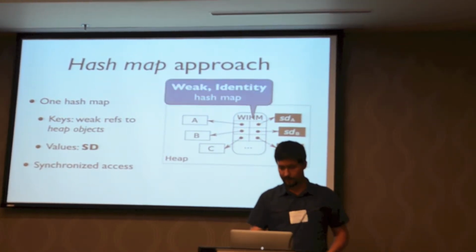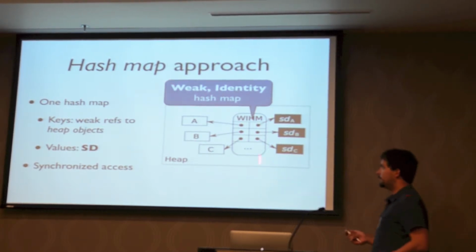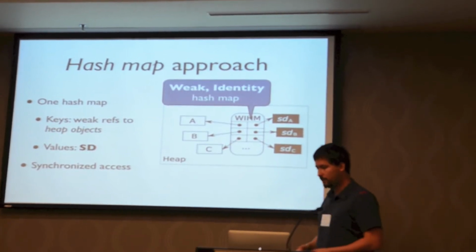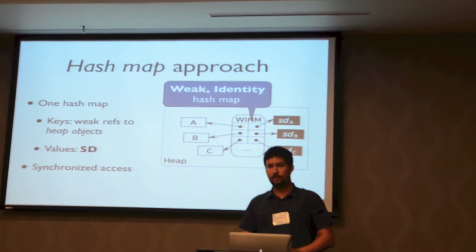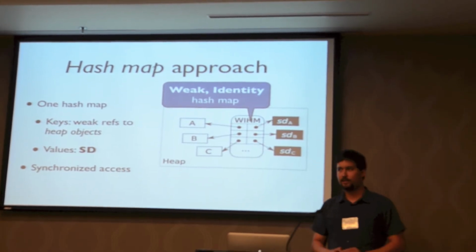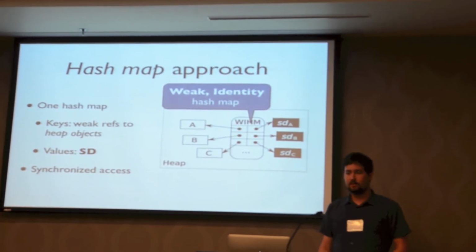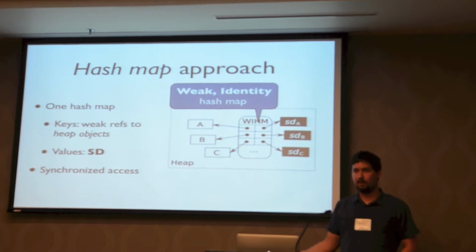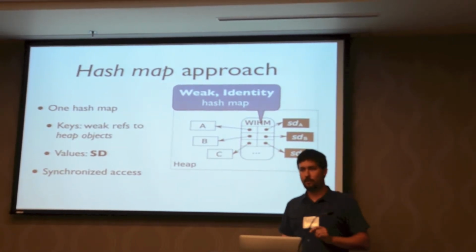Now the important parts are these. First of all, it has to be a weak hash map. Otherwise, you're still keeping track of your objects on the heap, and nothing can really be garbage collected. And second of all, you must never ever touch the hash code of the objects that you are tracking in your analysis. Several things can happen. It can have side effects, by which I mean BLOAT really crashes when you touch some object's hash code, or it can just not work.